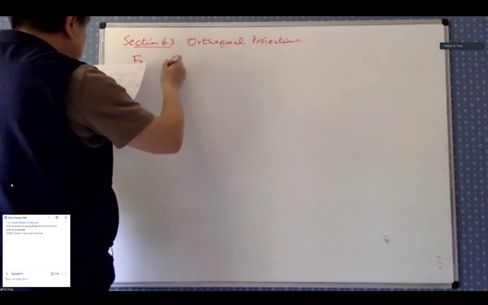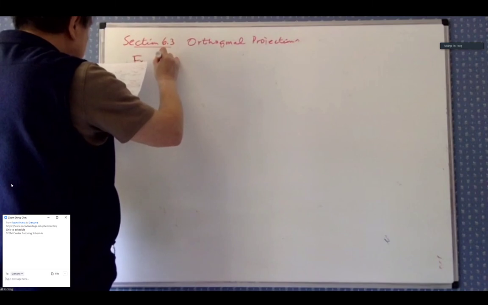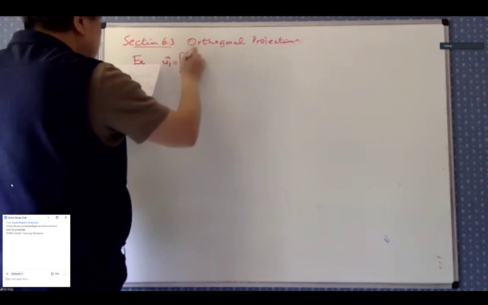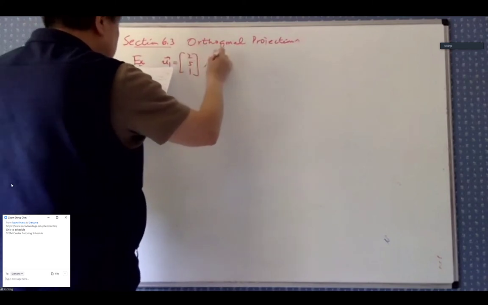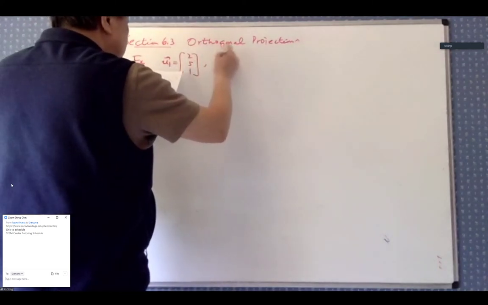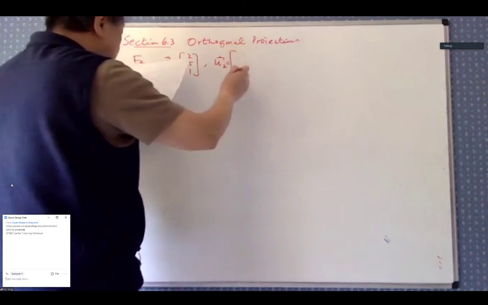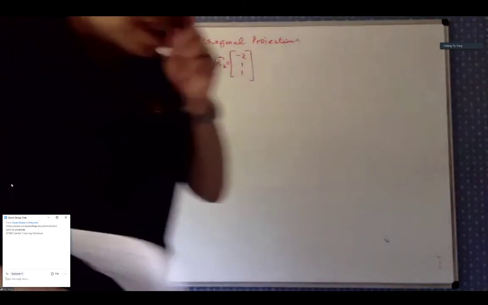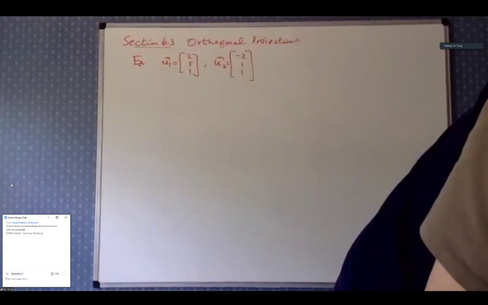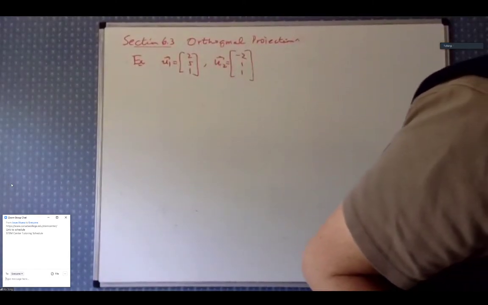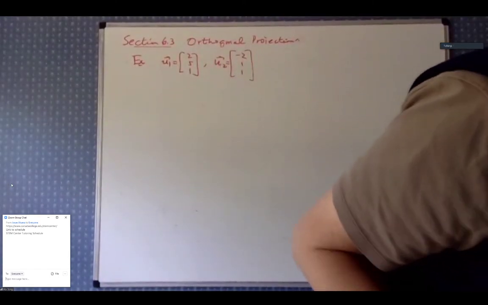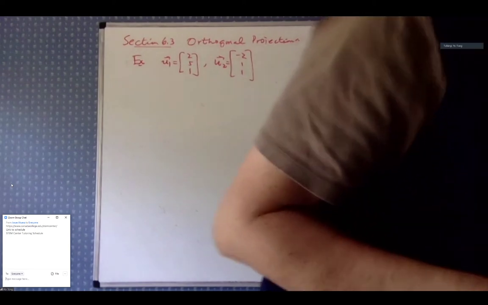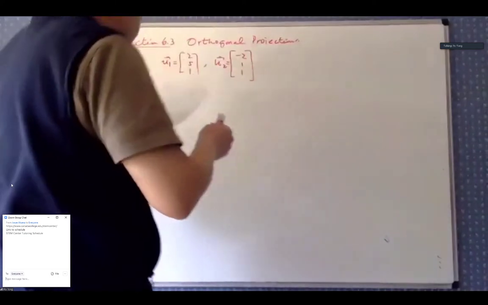Let's say U1. Is this the same example as I did earlier? It's a little bit different, right? No, it's slightly different, which is good.